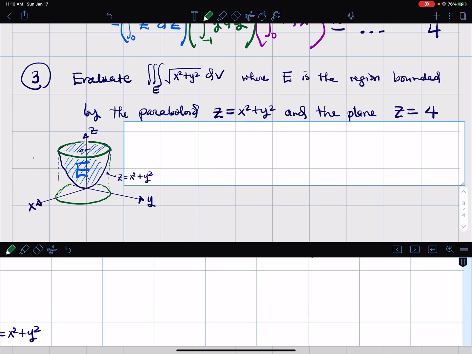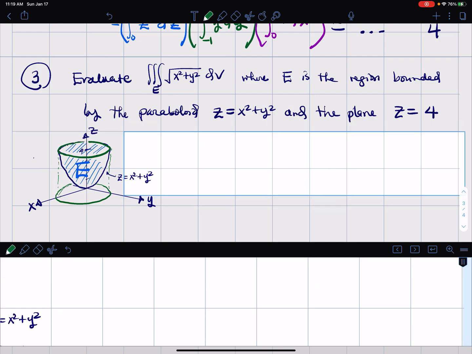So let's go one by one. Along the Z axis, Z is bounded by Z equals 4 and Z equals X squared plus Y squared, right?